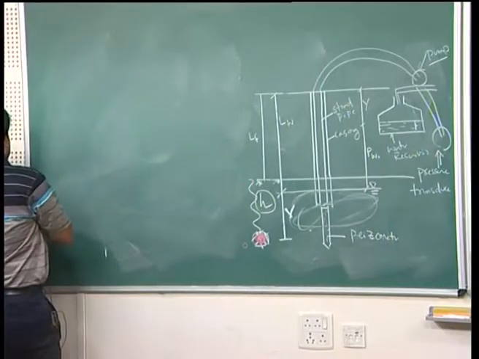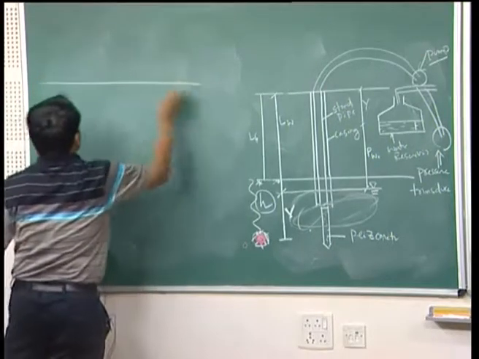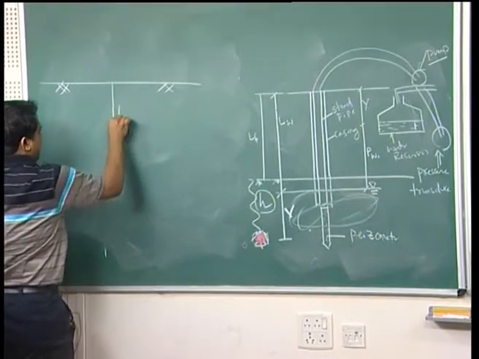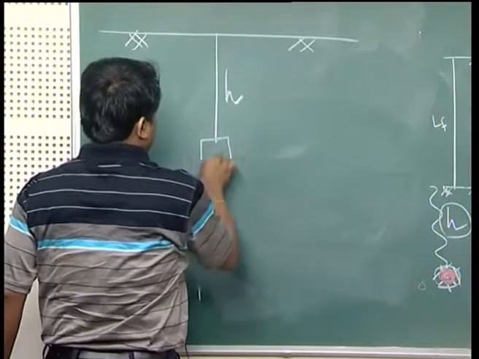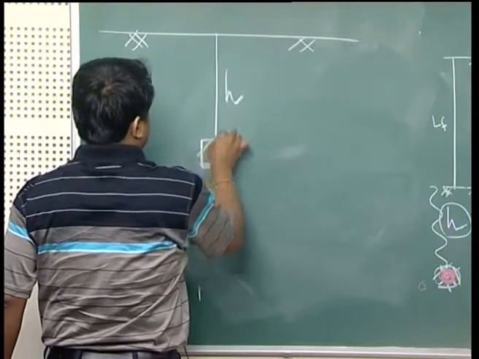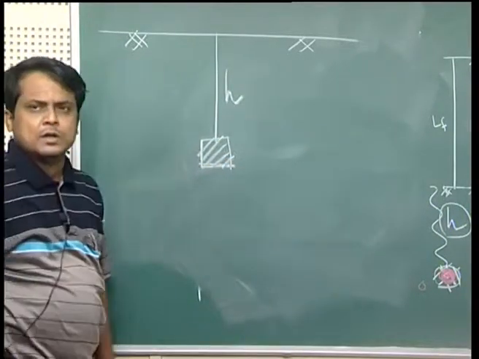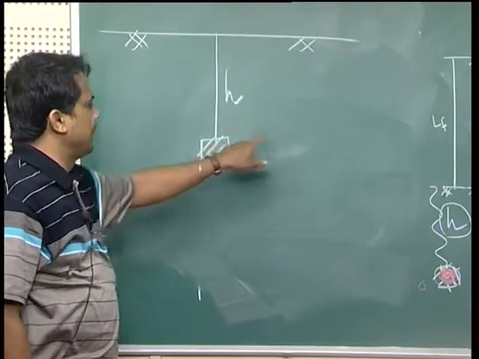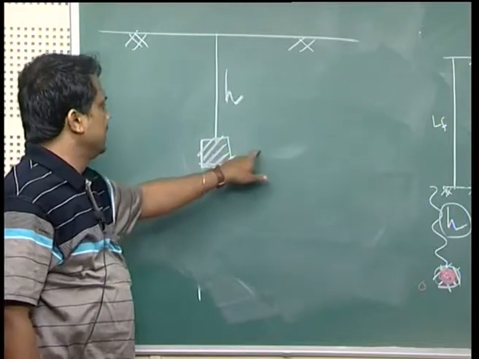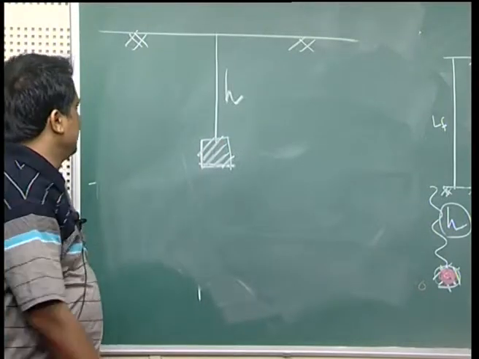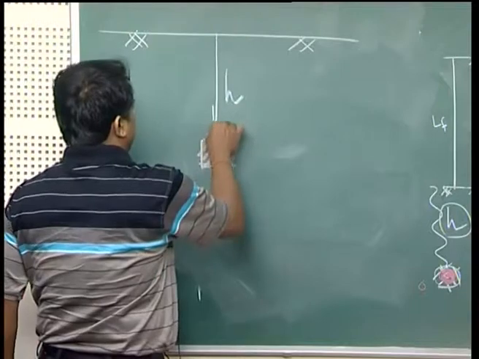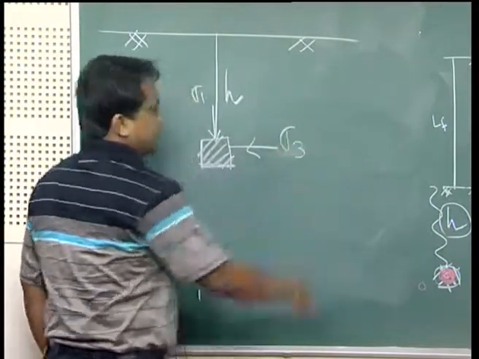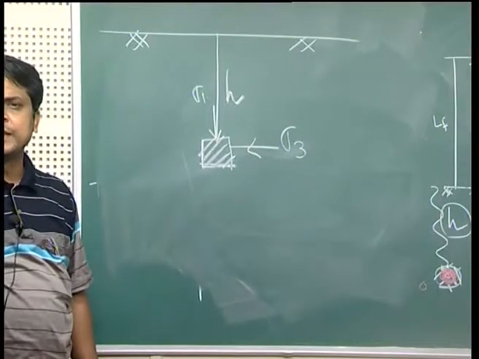Now if you take a soil sample here, say at a height H, this soil sample is there, it has been collected from this ground surface. Now you should know, to simulate in the laboratory, say a triaxial test, you should know what is the value of sigma 1 and what is the value of sigma 3.